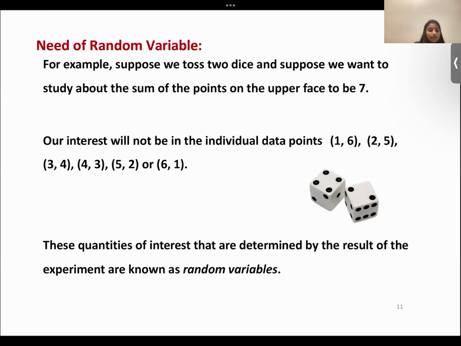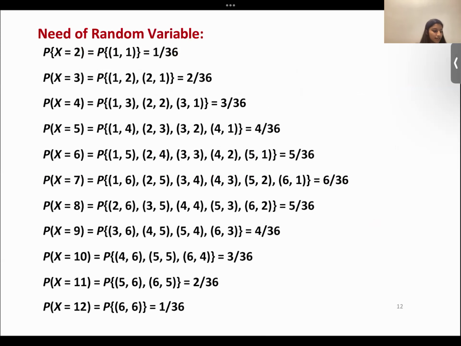So again, when you roll a dice, let's consider the sample space to be the numbers on the dice. When added, you get a sum of 7. So your sample space would be 1, 6, 2, 5, 3, 4, and all these. So here your random variables would be as follows.